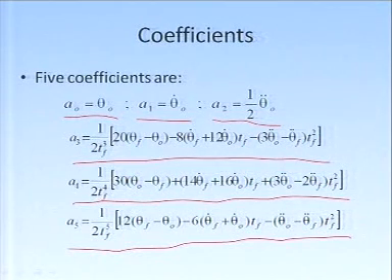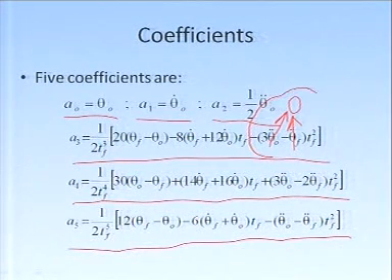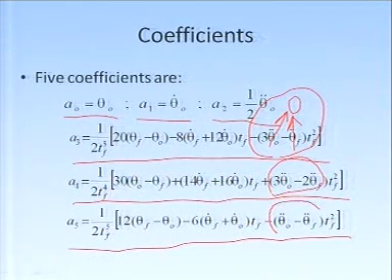You see theta 0 double dot, if I put a 0 and also I put theta f double dot is equal to 0, so this term is completely vanishing. Okay. Similarly, this term will completely vanish and this term will simply vanish.